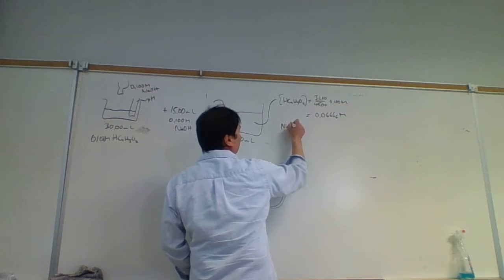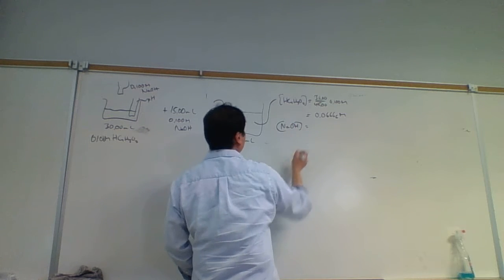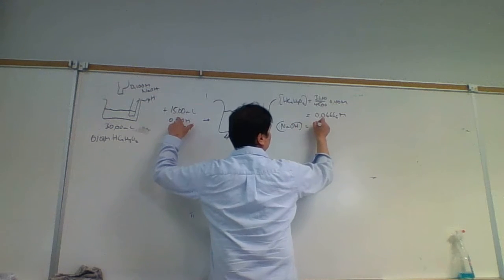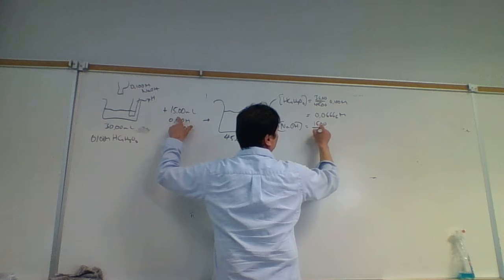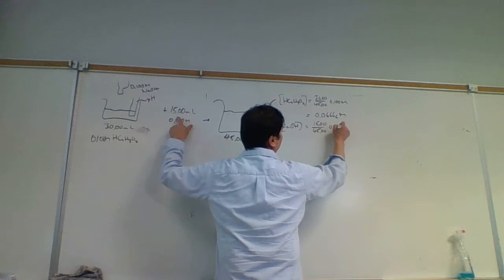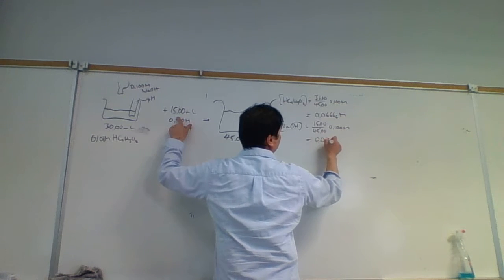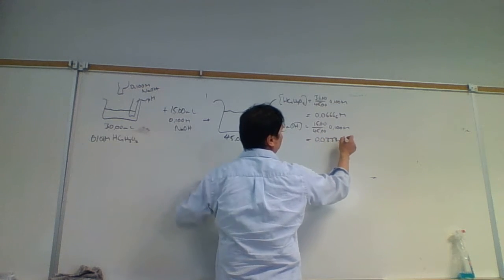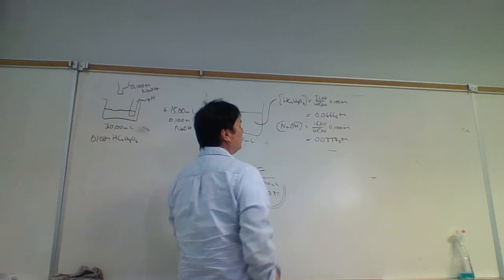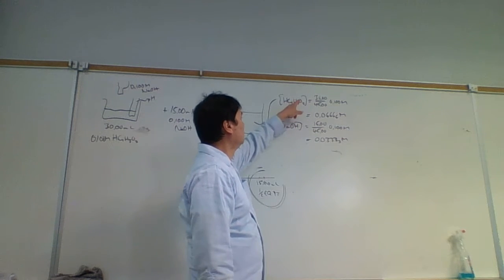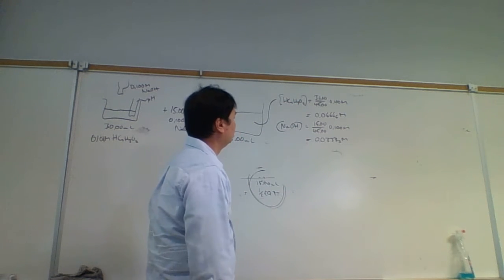And then I recalculate the sodium hydroxide solution, which is going to be a 15.00 over 45.00 dilution of 0.100 molar. And that's going to give me 0.03333, a 1/3 dilution. So this is 2/3 dilution, 1/3 dilution.